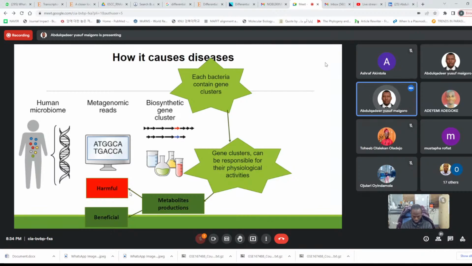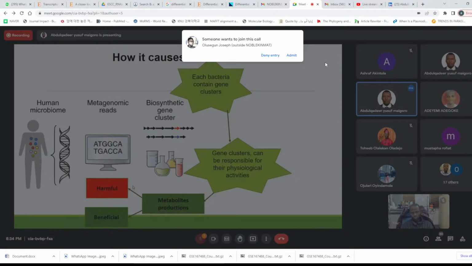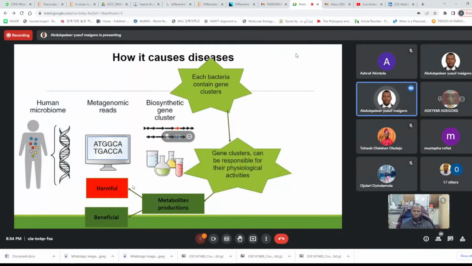A simple example: 10 of you are living in a room and someone just came in, the 11th one. For him coming does not mean you will not feel comfortable. You can only feel uncomfortable if that alien who comes has something that will make you feel uncomfortable.